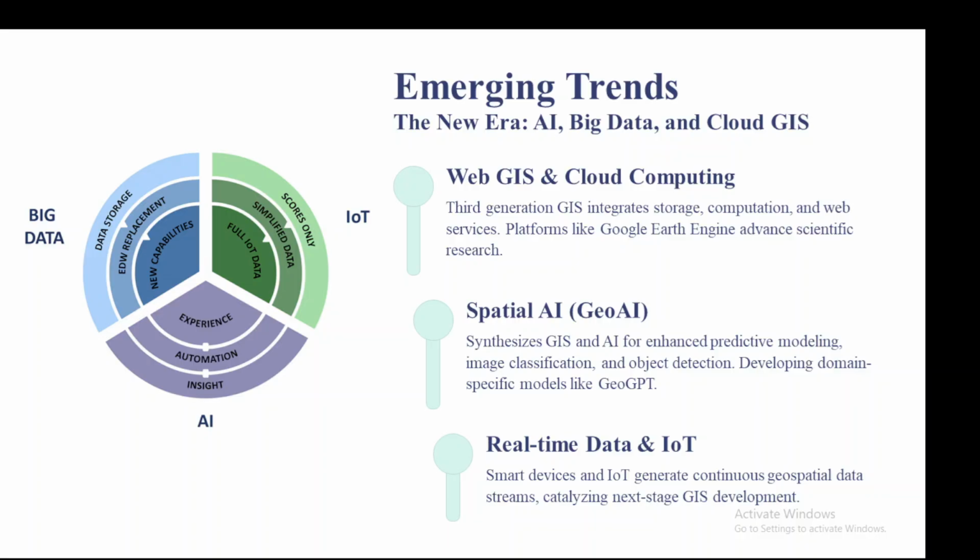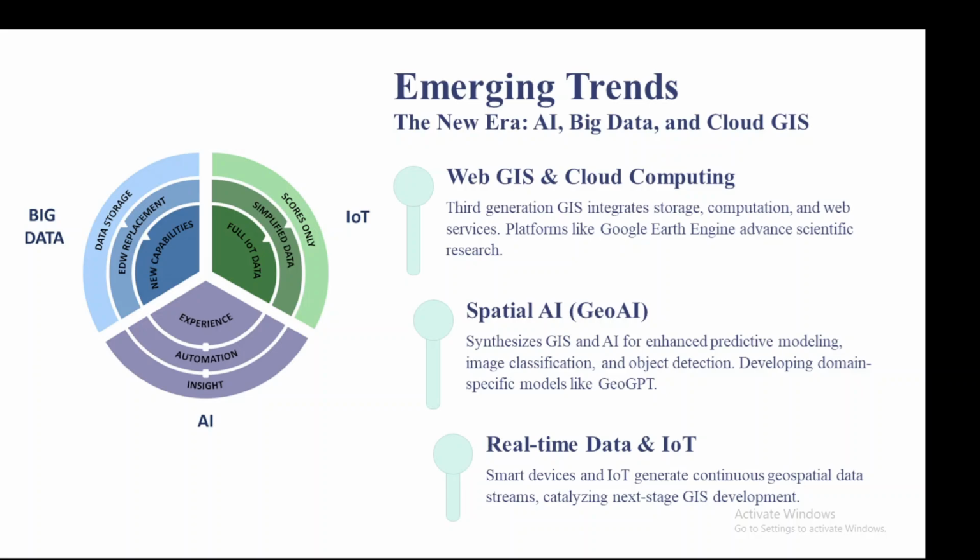So in this cloud centric setup, platforms like that of WebGIS or Cloud GIS, and especially systems such as that of Google Earth Engine, if you have heard of this, they have changed the way researchers work.